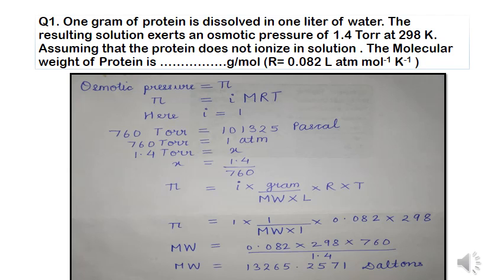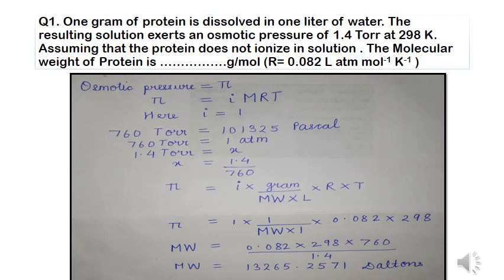So 760 torr is equal to 1 atmospheric pressure. Therefore 1.4 torr is equal to 1.4 divided by 760 atmospheric pressure. So we have converted our 1.4 torr pressure into atmospheric pressure.